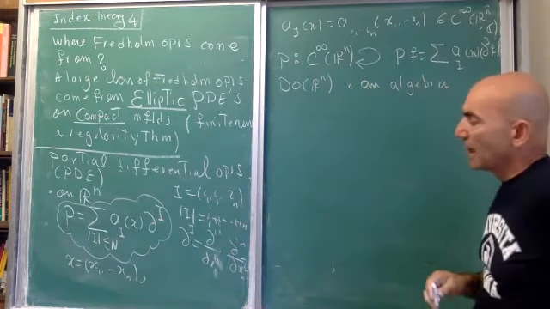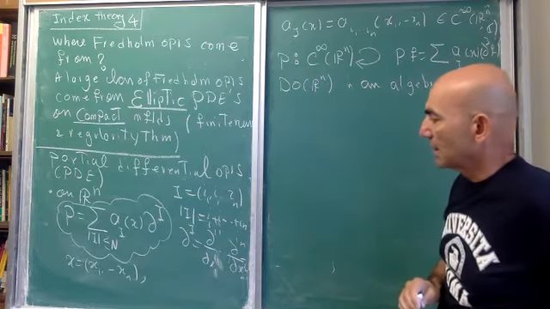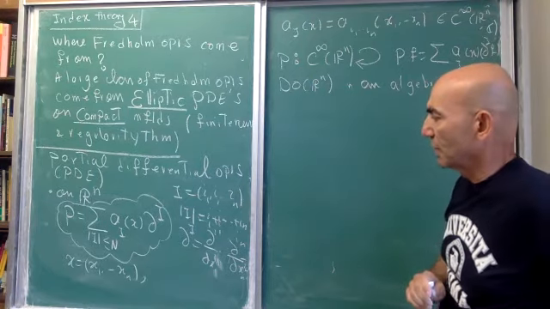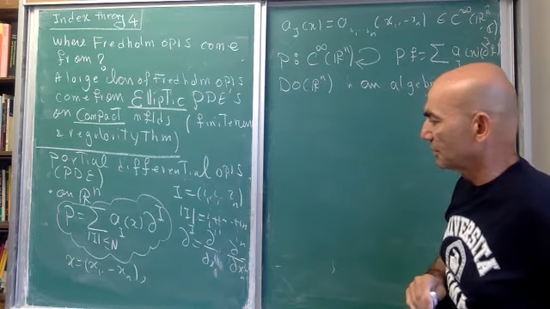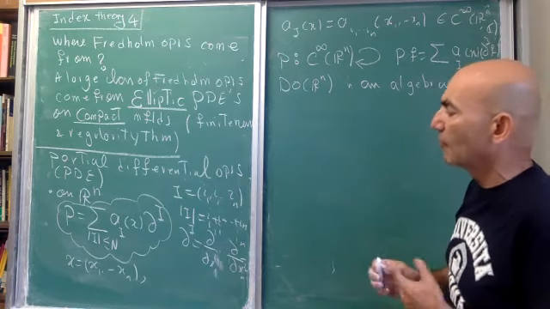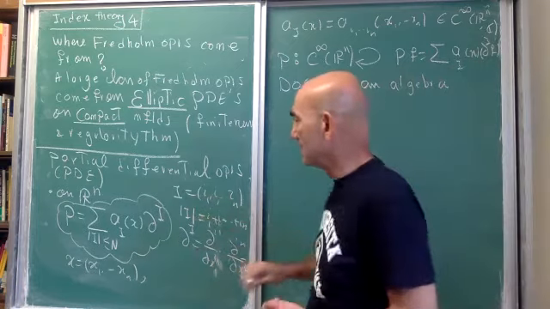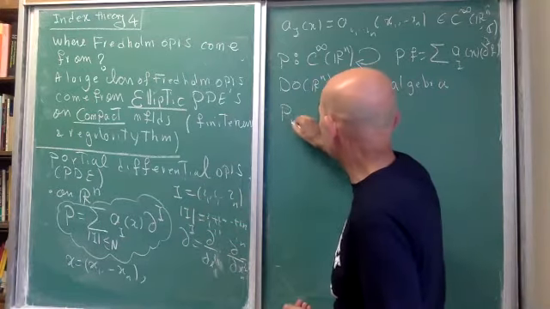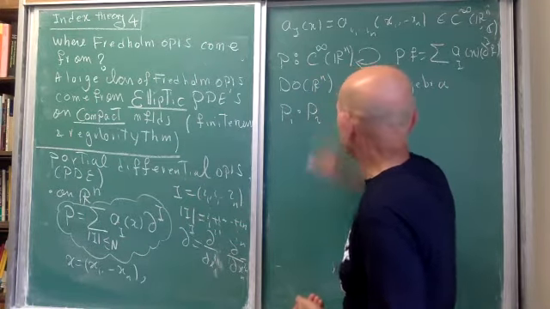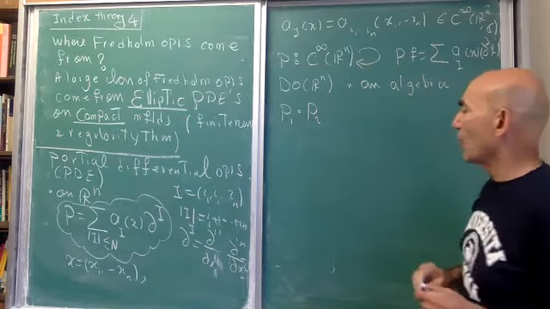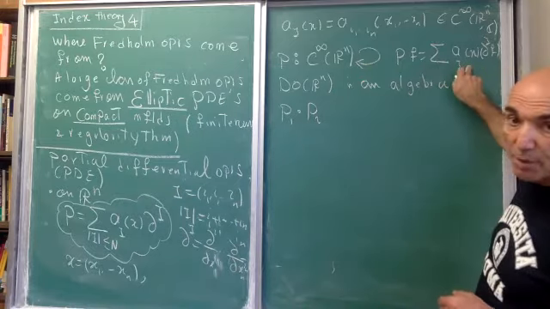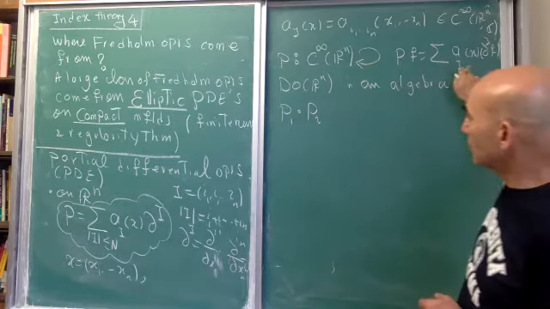Now, to describe the algebra structure, I just appeal to your intuition. I don't give a formal definition, because there is a formula that formally defines the product of two such operators P1, P2. But really, it's just composition of these operators.